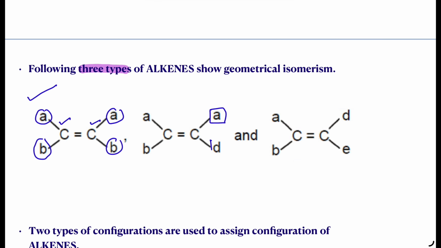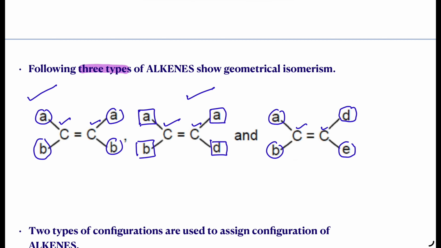Here we have A, here we have D, so here the condition is satisfied, A, B, two different groups, here also the condition is satisfied, so the molecule shows geometrical isomerism. And if you see the third example, the groups are D and E, two different groups, here the groups are A and B, two different groups.